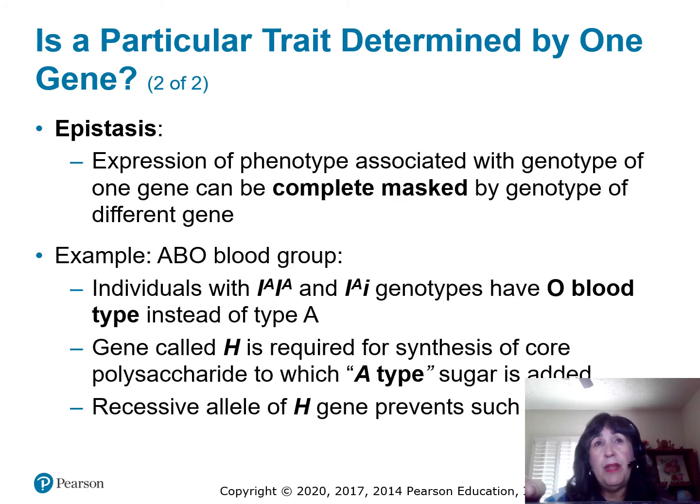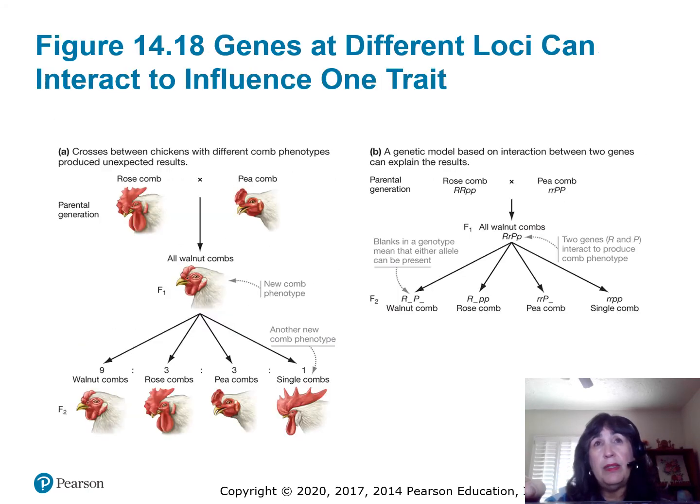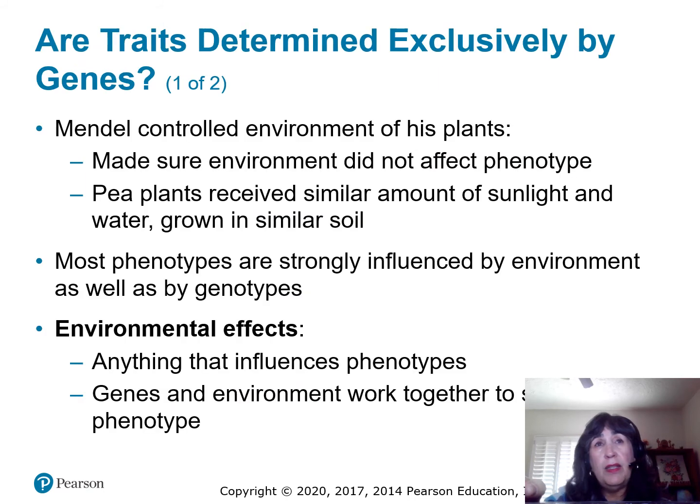I'm going to skip this, and this, and this too. Okay, so the next thing I'd like to talk about is whether traits are determined exclusively by genes. I think you intuitively know that the answer is no, that environment can also affect how traits are expressed.